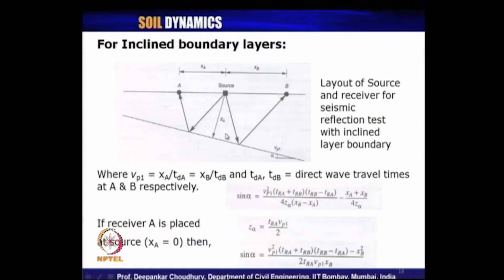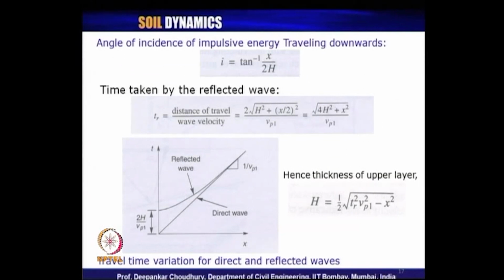Now, suppose we do not have such nice horizontal layers, but we have inclined or irregular boundaries. Then how can we measure the thickness of a particular layer and, of course, the VP1, either of these two? In the previous case, in the time travel variation for direct and reflected waves, we can measure the VP from the slope of the curve.